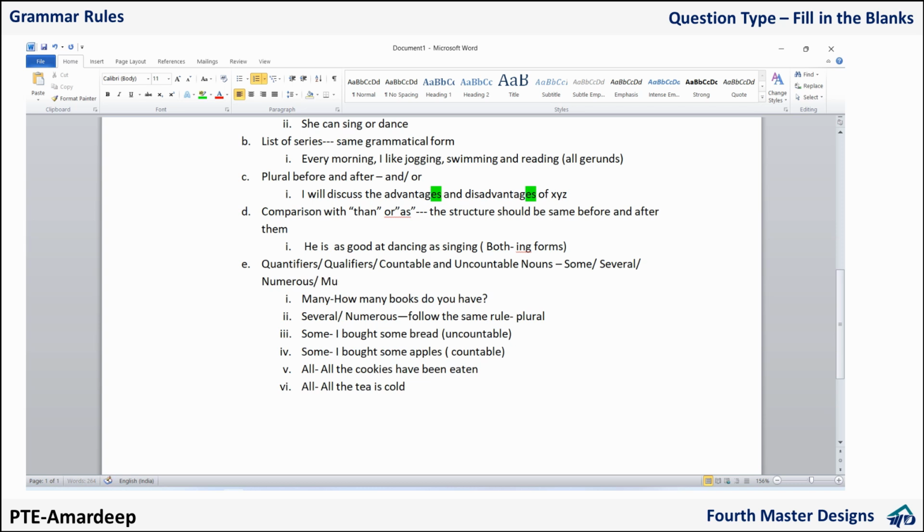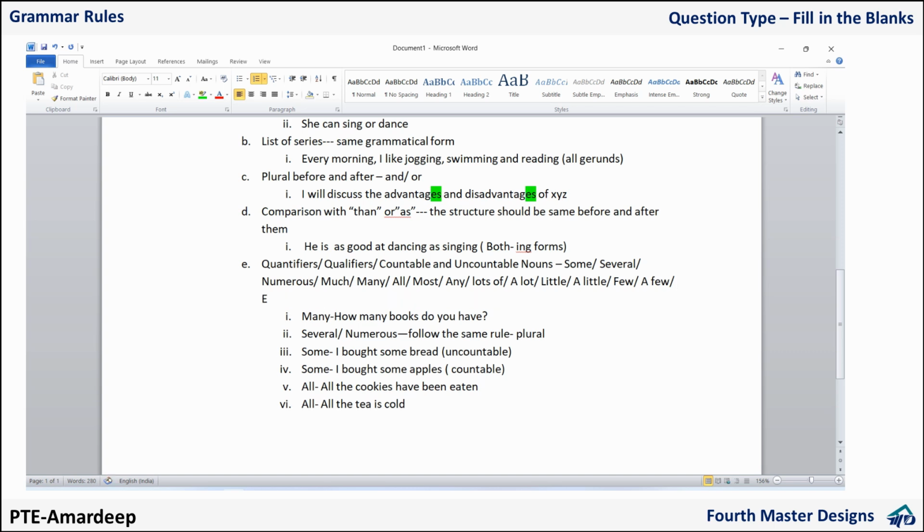Okay, then we have much, many, and all, most, some is done, and any is there. Okay, any, lots of, a lot of, little, a little, few, a few, then we have enough, more.